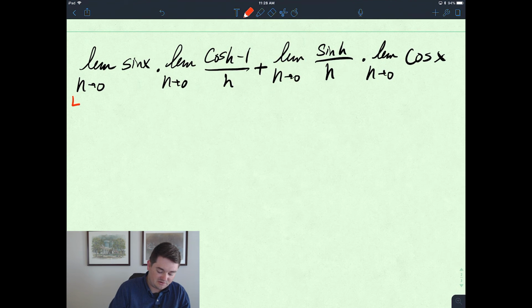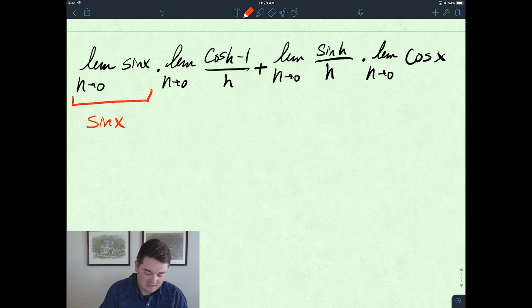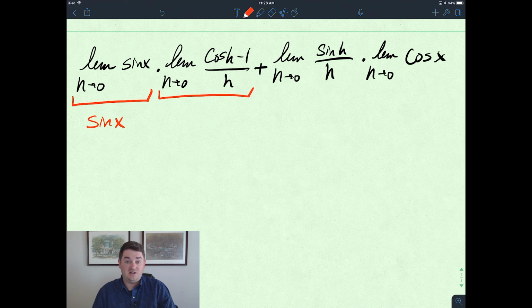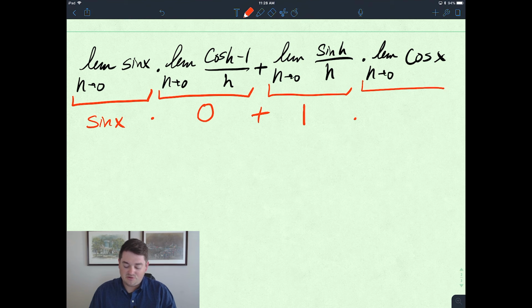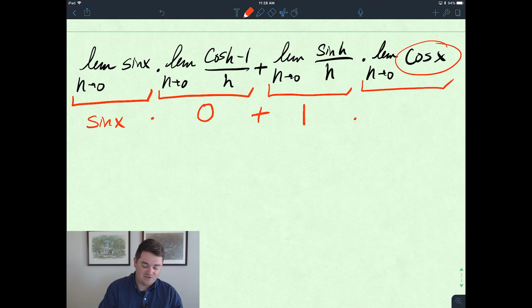Now I'm going to treat this as four different limits. The limit as h approaches 0 of sine x, well, notice there's no h's here, so that limit is just sine x, times the limit as h approaches 0 of cosine h minus 1 over h. This is one of the special limits we had to memorize before, that equals 0, plus the limit as h approaches 0 of sine h over h, another limit we had to memorize, this equals 1, times the limit as h approaches 0 of cosine x, again, no h's here, so this limit equals cosine x.